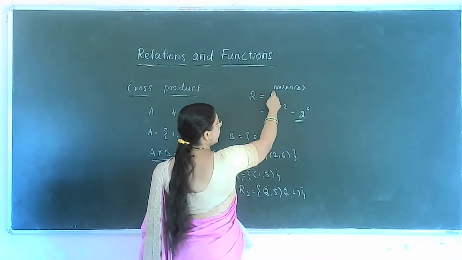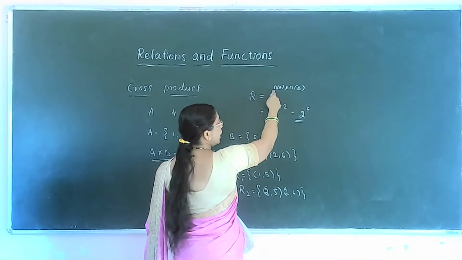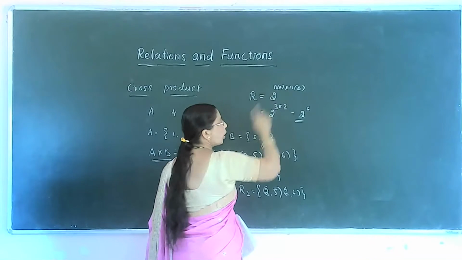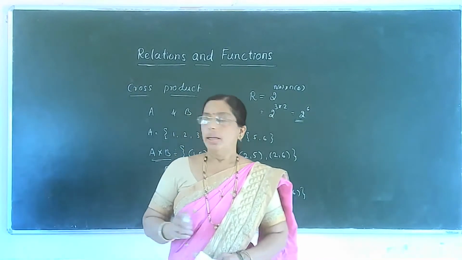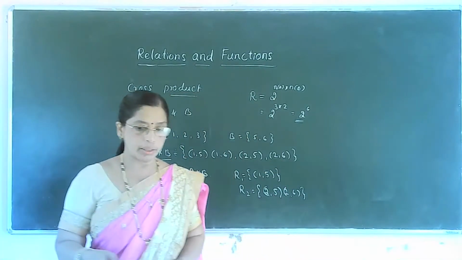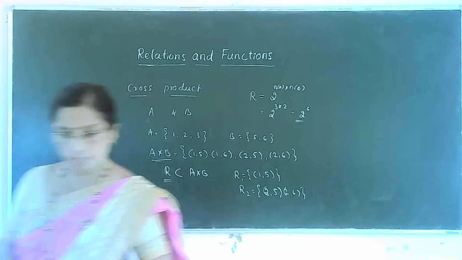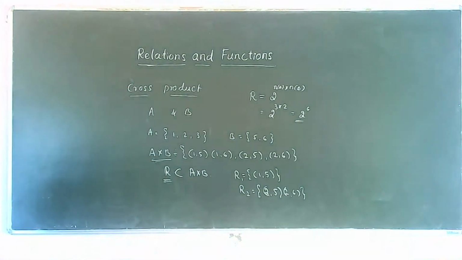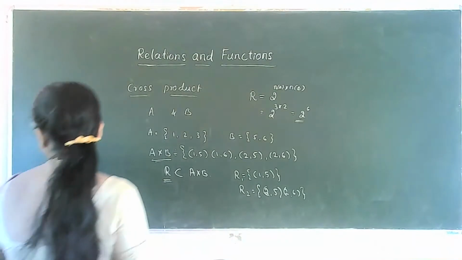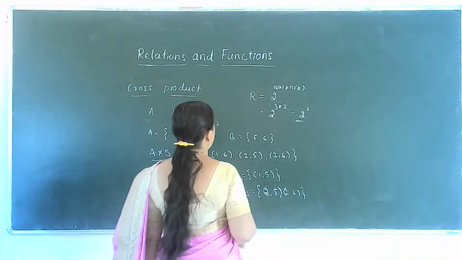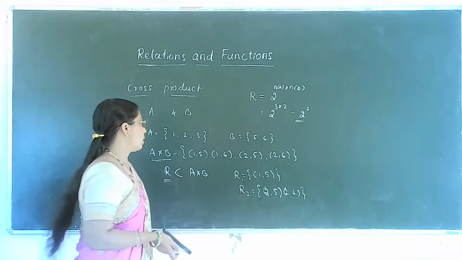We write it as 2 to the power n(A) times n(B), the number of elements in A times the number of elements in B. It is all studied in first PU class also. Then I once again record this one.